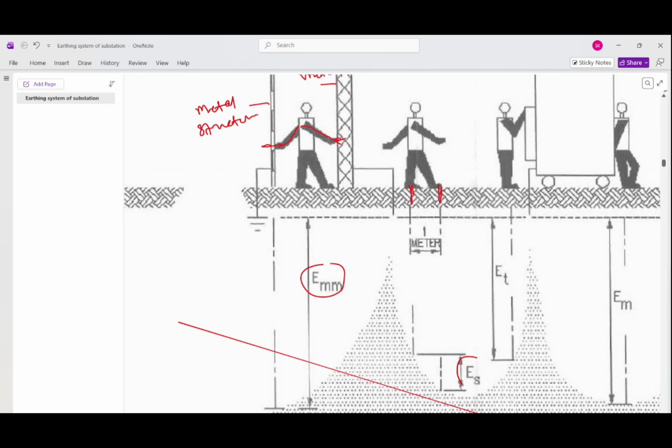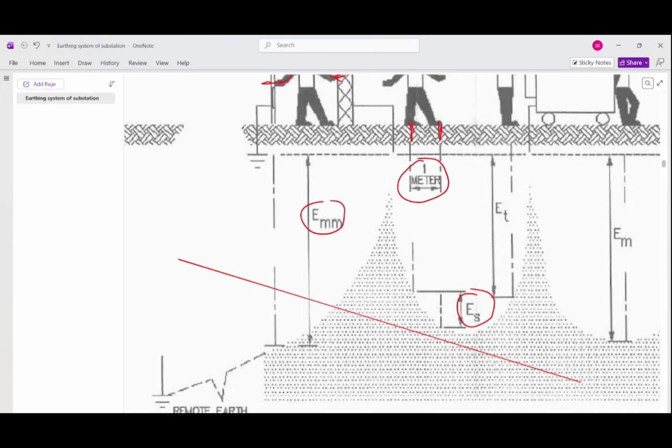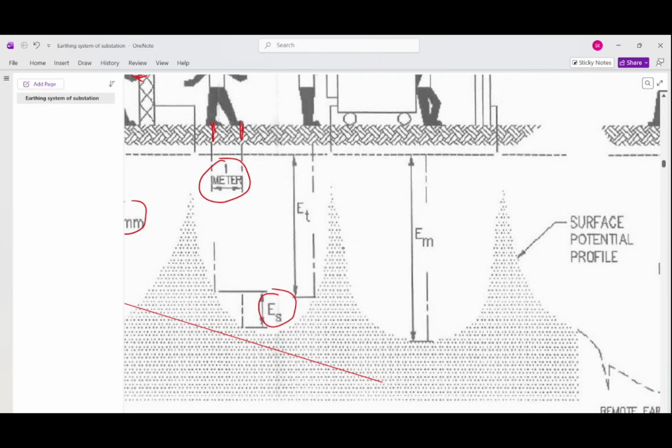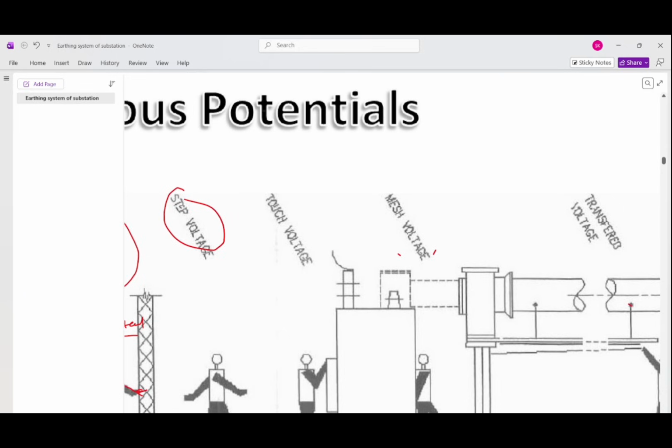Here ES is the step potential. The ideal distance between the two is 1 meter. So this remote earth is shown, considering remote earth. Third is touch potential. Here the touch voltage is shown.